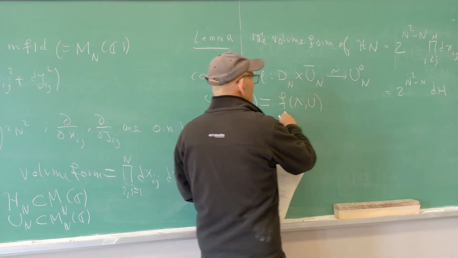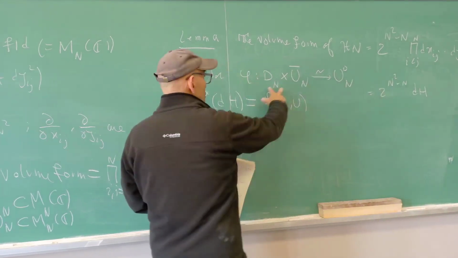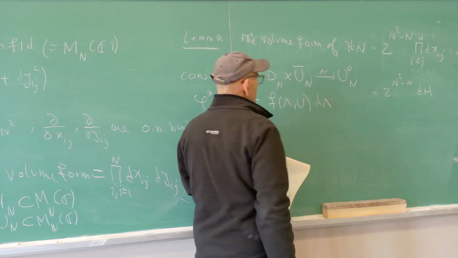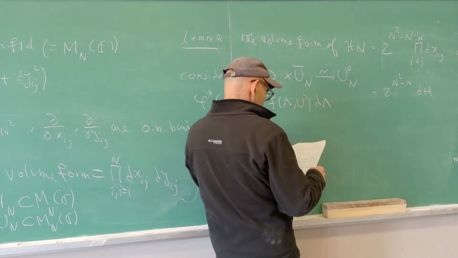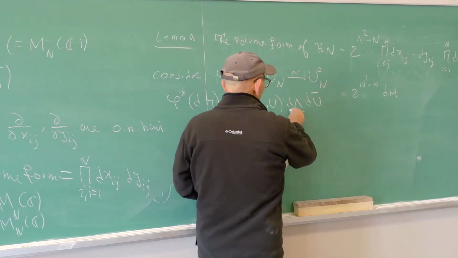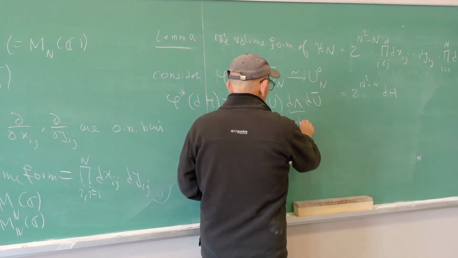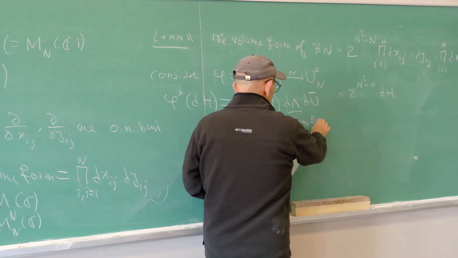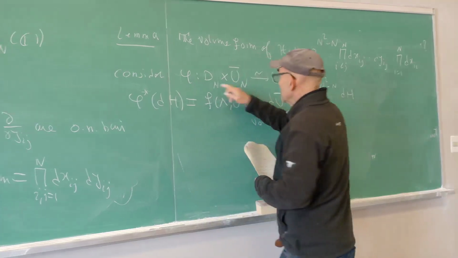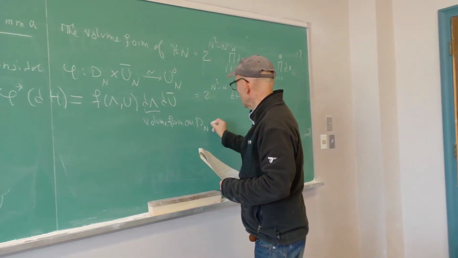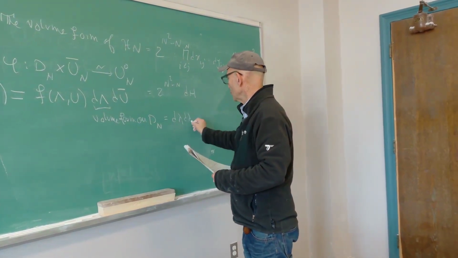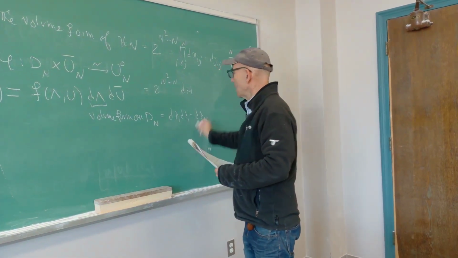Some function f of lambda, and then the standard form here is d lambda and then there is this d u bar. This is the volume form on this space D_n, the Weyl chamber, which is just d lambda_1, d lambda_2, up to d lambda_n.